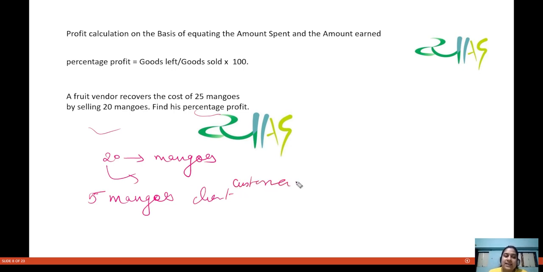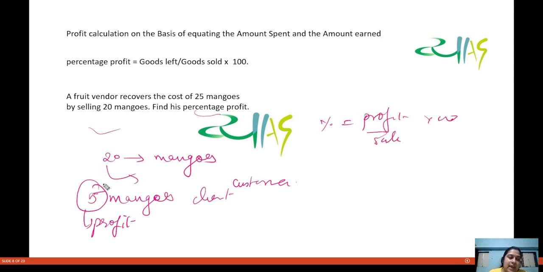So that means 5 mangoes is profit. And what is our profit percentage? Profit divided by sales into 100. Whatever the cost will be there, for example 5 into some cost, you will put here, and for 20 also, 20 into some cost, you will put here. So this cost will ultimately get cancelled.